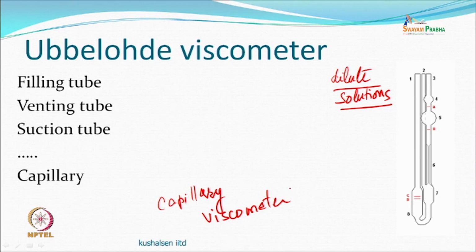This is one typical viscometer, which is called the Ubbelohde viscometer. You can use any such device, it doesn't have to be this device. There is a capillary here, and there are markings. If the solution is filled up to this point and then allowed to go down, you measure time.